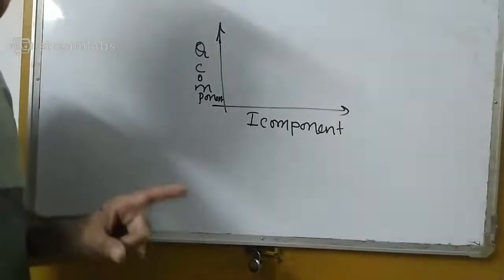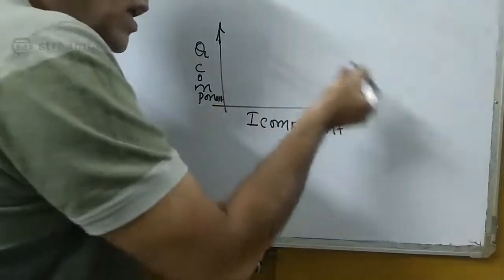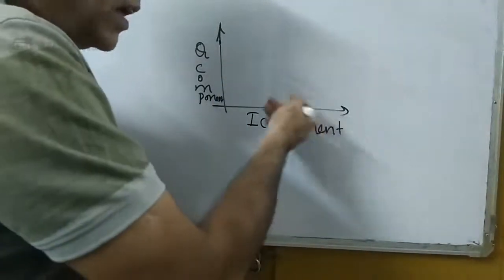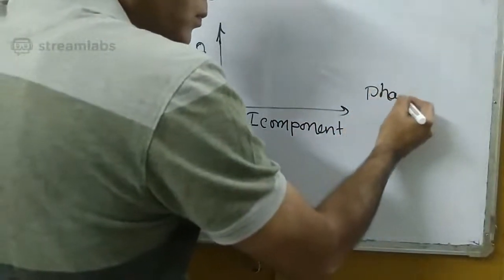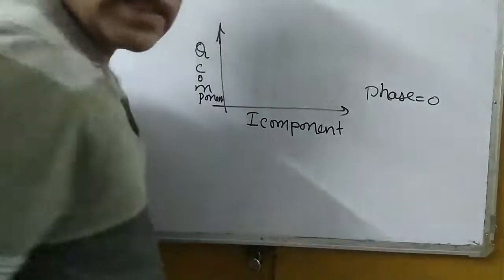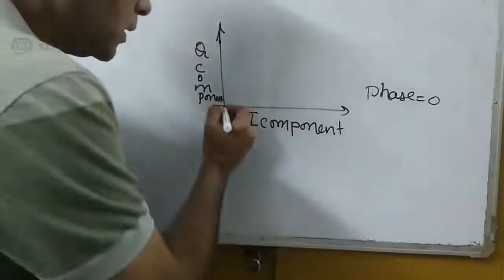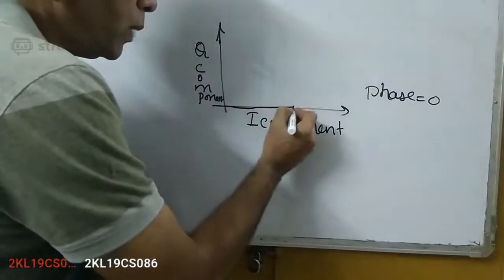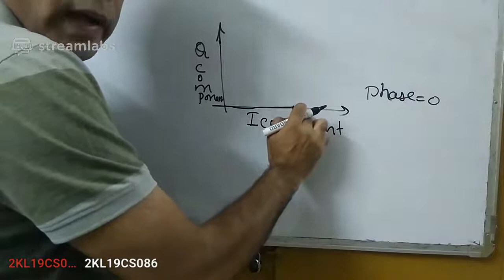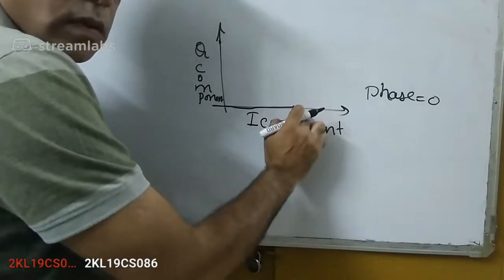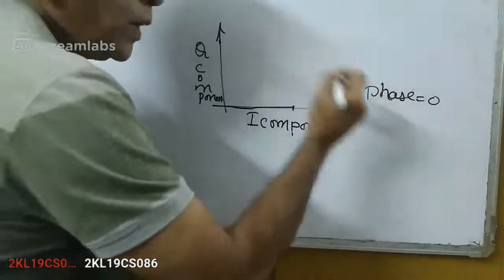If your amplitude is not making any phase angle with the reference, if you have a signal whose phase is 0, it starts with 0 phase, then this signal will be lying on the x-axis, with its length depending on its amplitude.